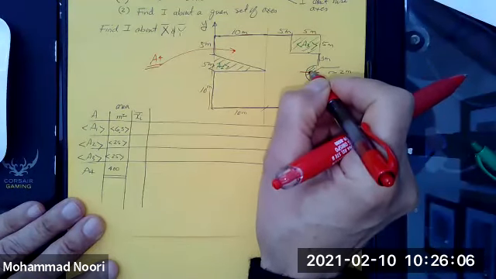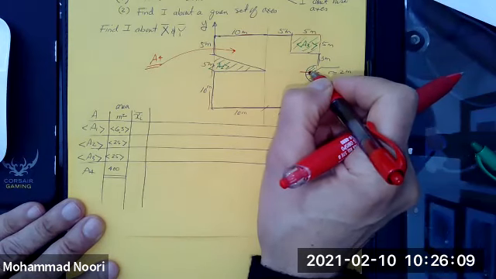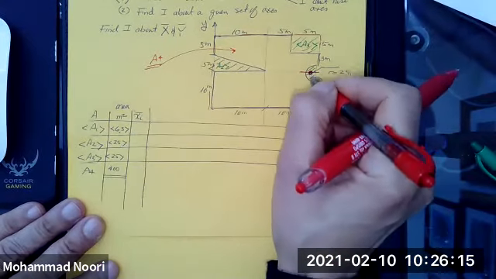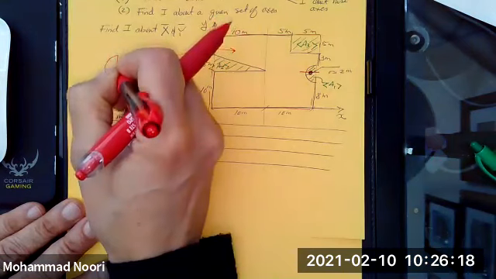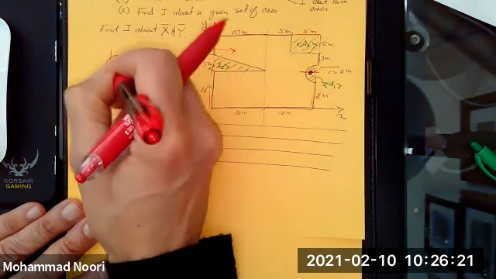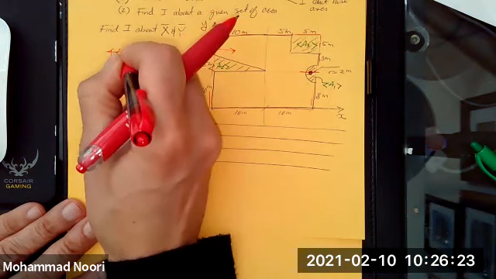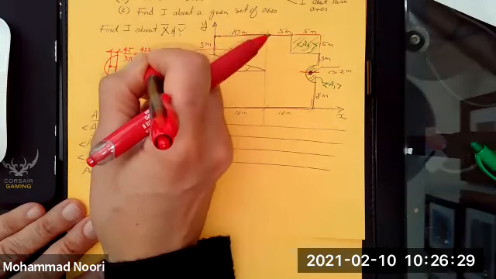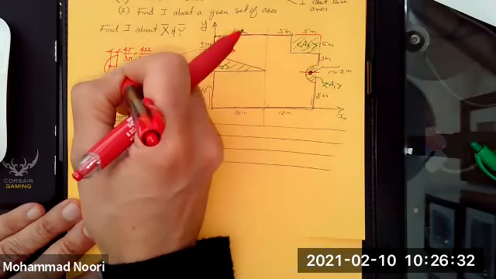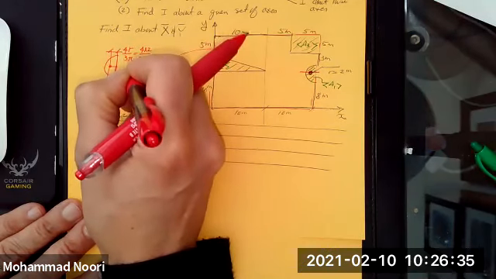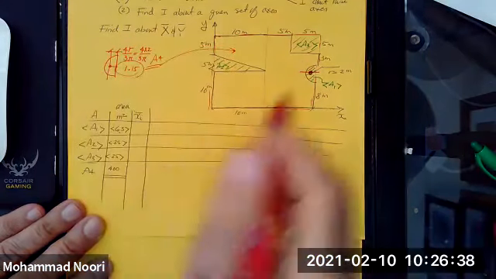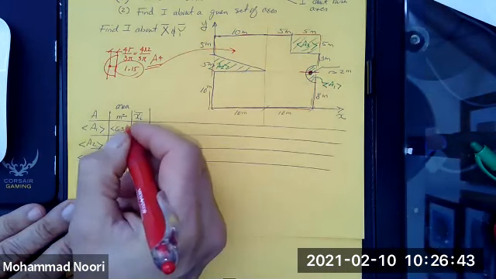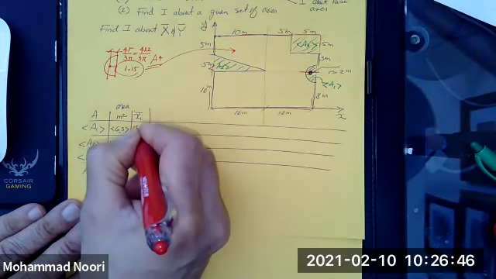So the distance from that centroid to the y-axis, that is xi. If you have a circle, this distance was 4r over 3 pi. So it would be 4 times 2 divided by 3 pi. If you calculate that, it comes out to be 1.15. So this is 1.15 minus 20, that would be 18.85.